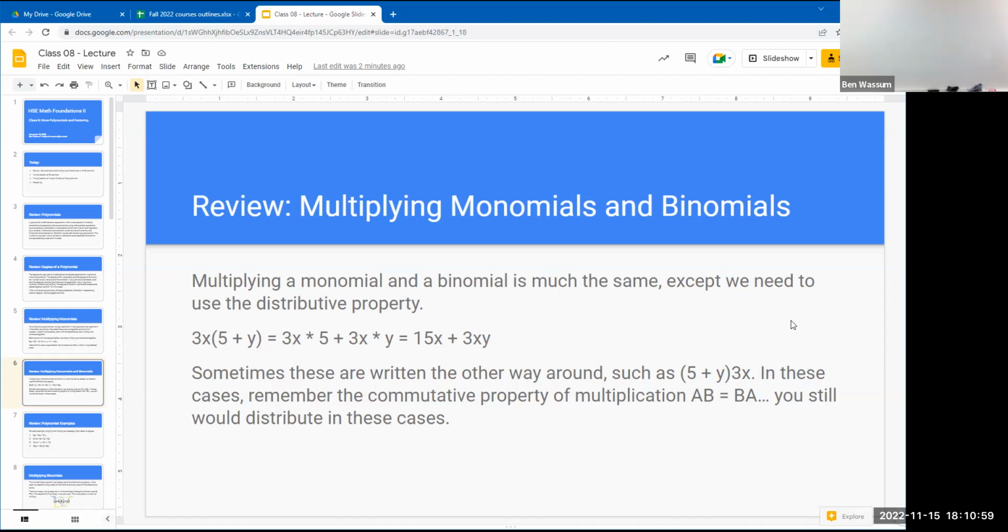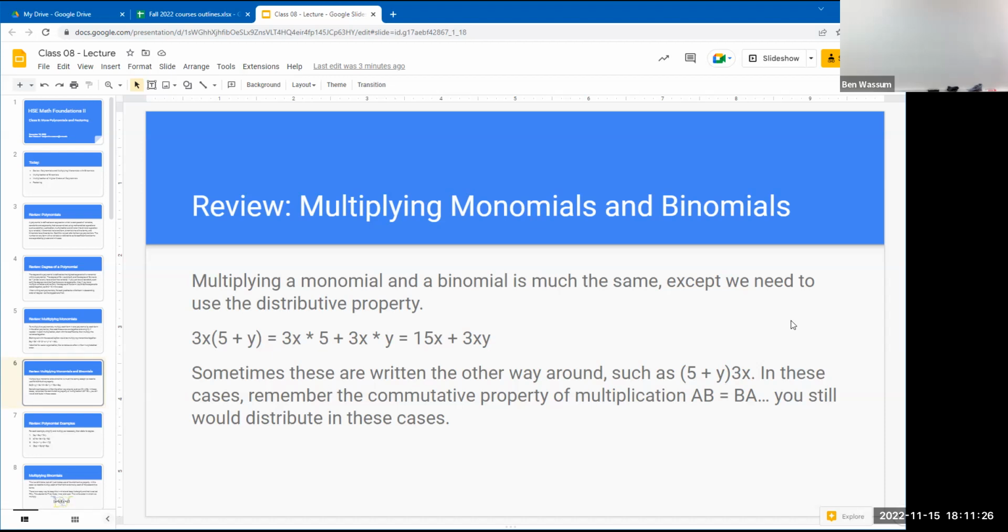I have to do 3x times 5, and I have to do 3x times y. If I was actually writing this on paper, just imagine lines going to each of those. So 3x times 5 would be 15x. 3x times y is just 3xy. They don't really go together too well, so they just stack up.